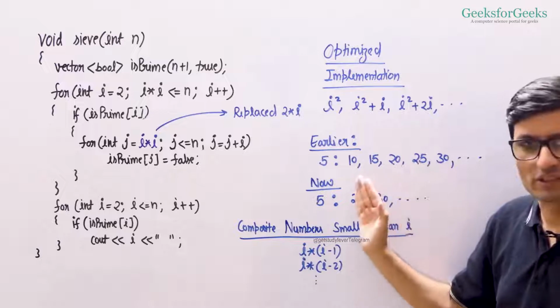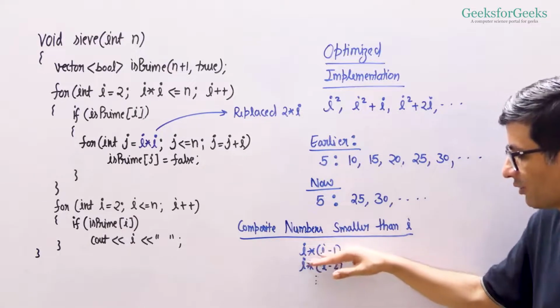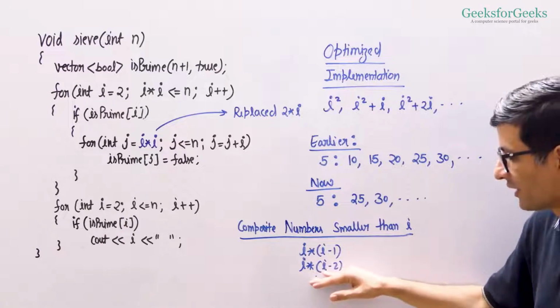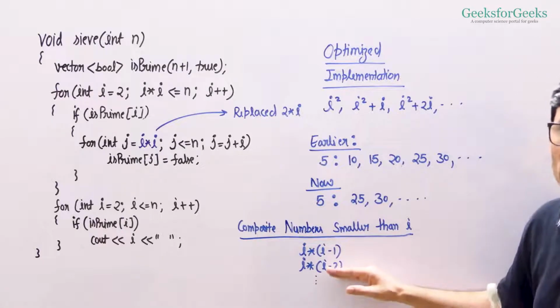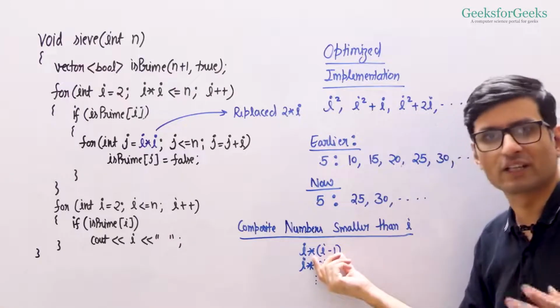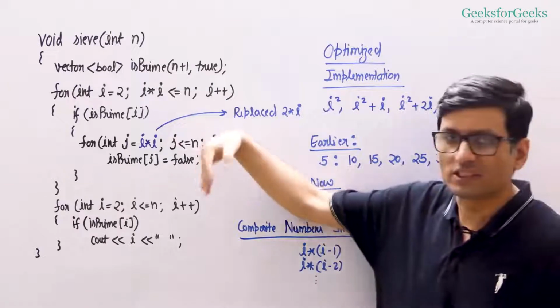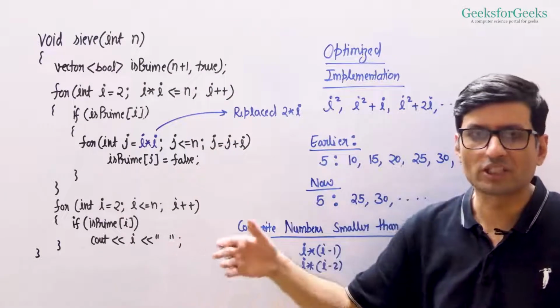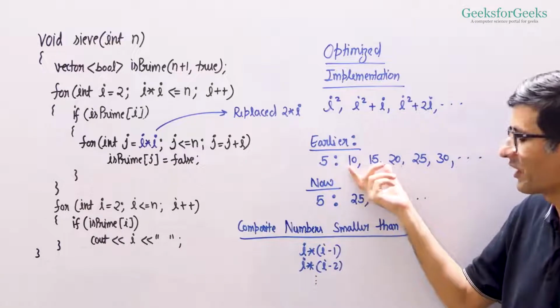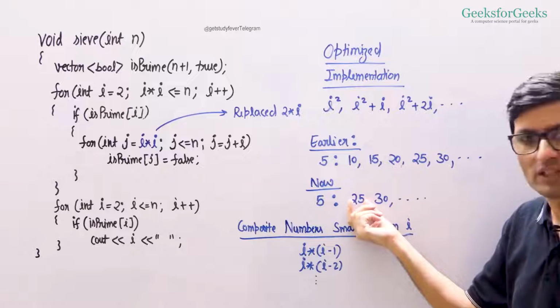If there are composite numbers smaller than I square, then they will be of the form I into I minus 1, I into I minus 2, one of these forms, right? Or I into I minus 3, which means they have a smaller divisor as well. And these smaller divisors are already considered in the earlier loops. So there is no point remarking or marking those numbers again as false. So that's why we begin with I square.